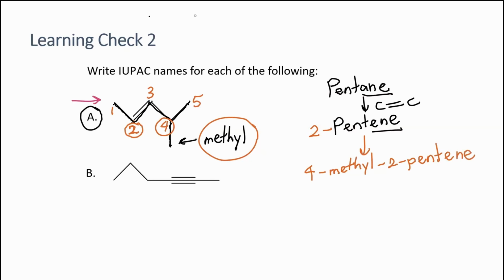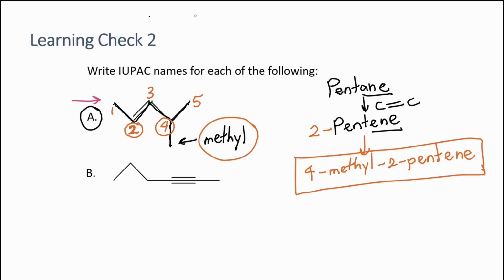Okay, so that's the correct IUPAC name for structure A. So when you have a double bond, you always need to give priority to the smallest number possible for the double bond containing carbon atom. So we only give just 1 number for the double bond containing carbon, which is number 2 here. So that's why it's 2-pentene, not 3-pentene.